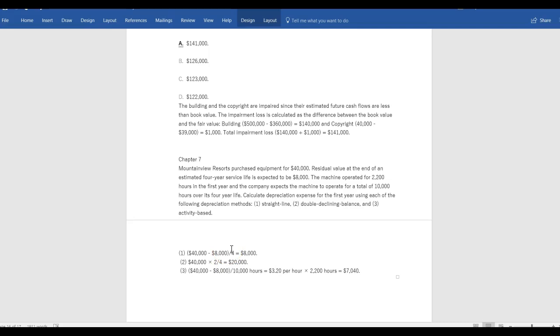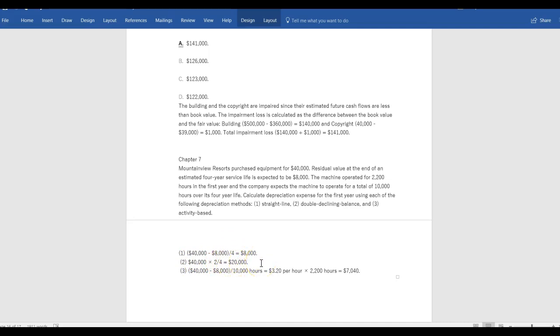With the double declining method, remember, you don't use the salvage value until the very end. So you take the price of it, and whatever straight line is, you double it to come up with the amount.